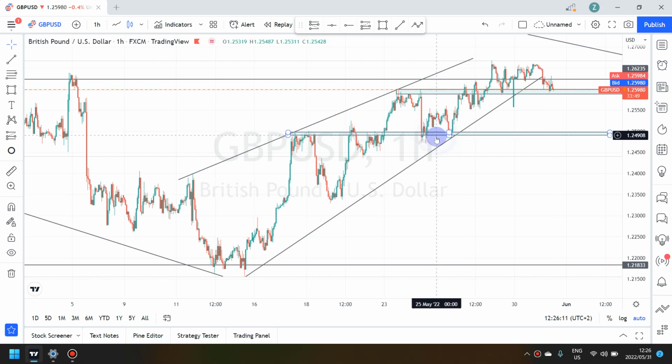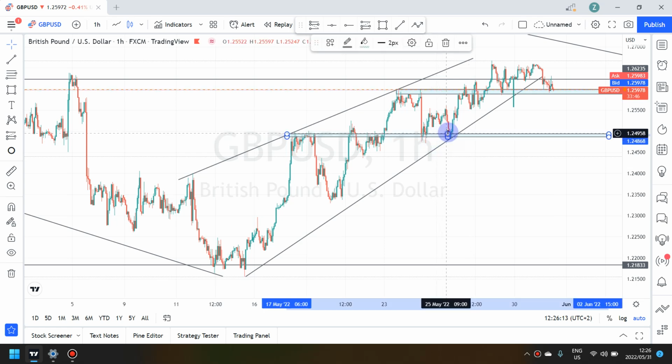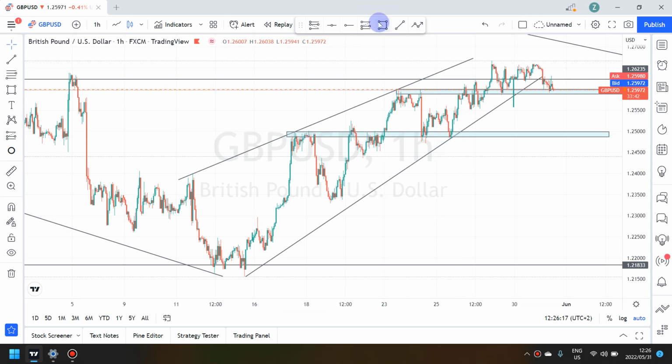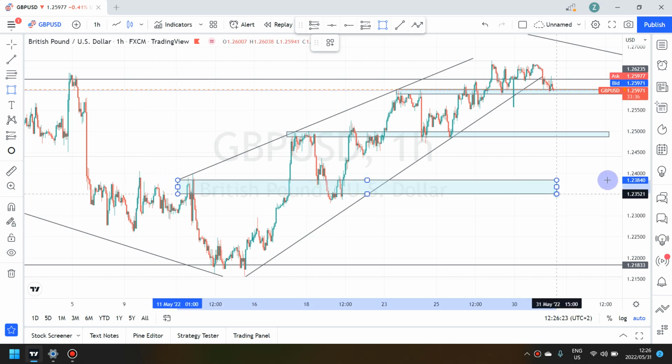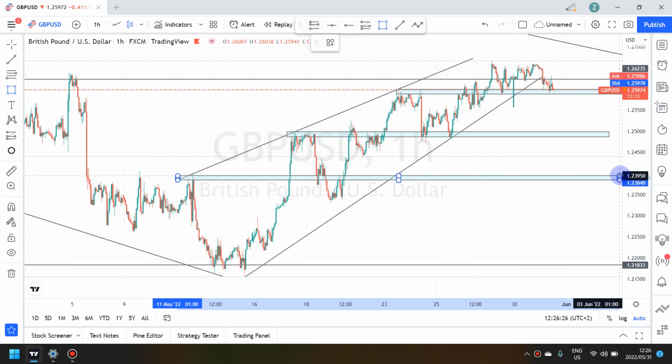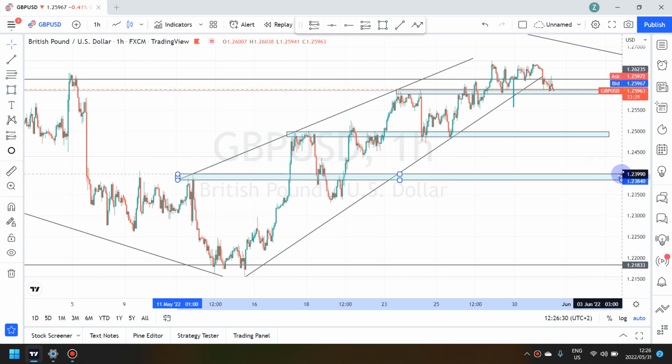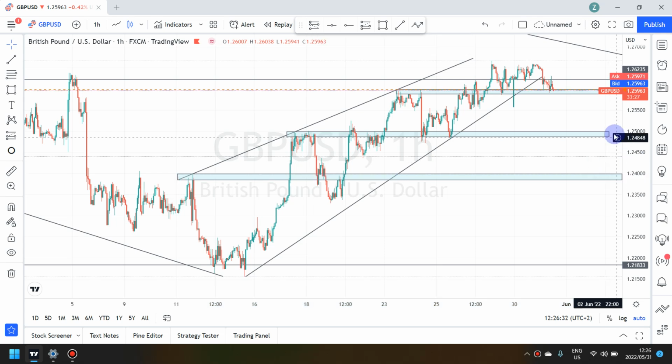So okay, let me adjust. So I have my support and resistance zones. Now I should dig deeper to find entries and to see whether there are any setups to trade for this pair.